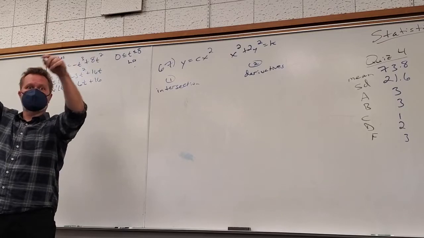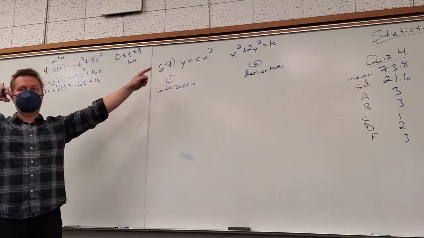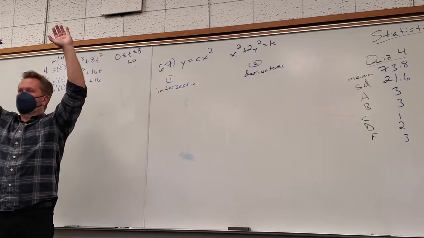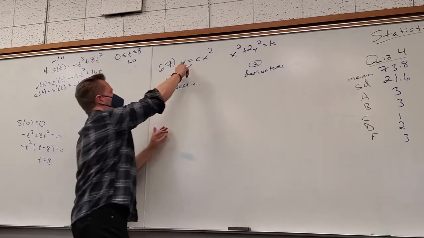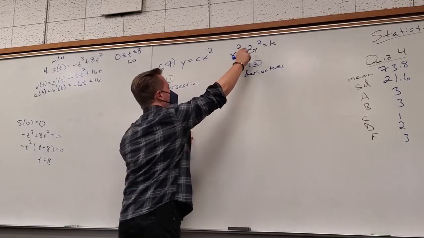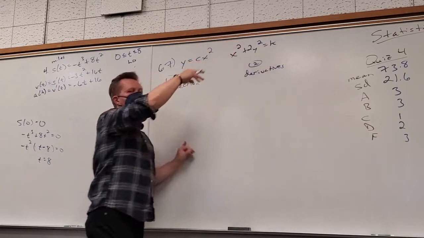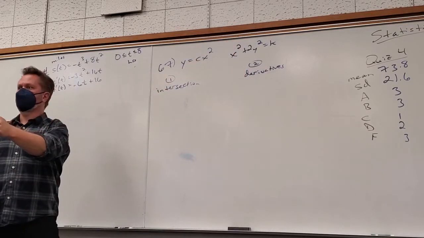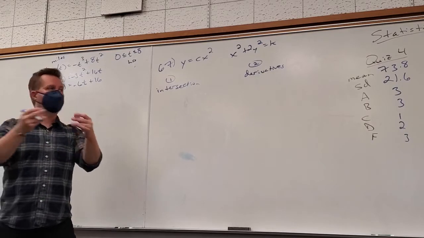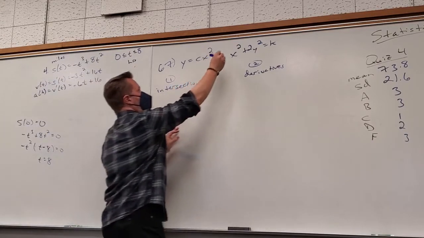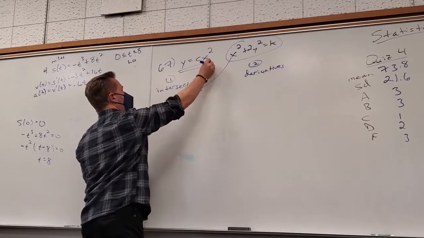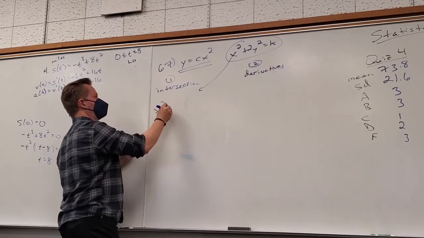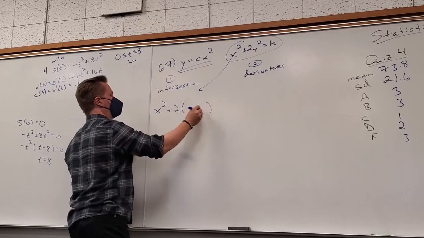Elimination or substitution, right? I'd much rather do substitution here. Is that pretty cool now? They will intersect when y is this and this is k. When those are both true, they'll intersect. So assume they're both true. How can I rewrite this then, assuming that this is true? Square equals 2 squared.